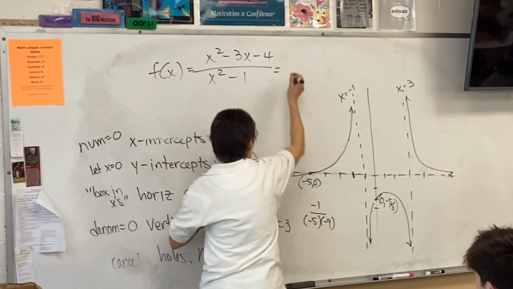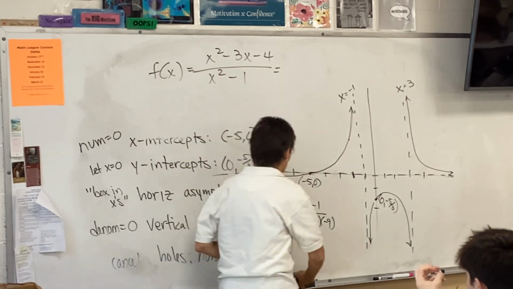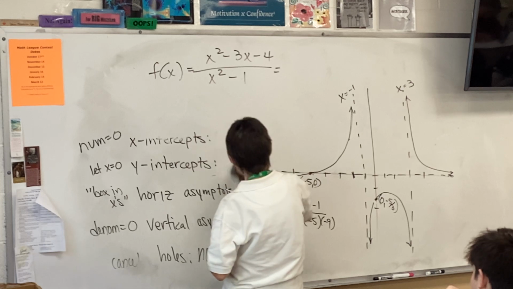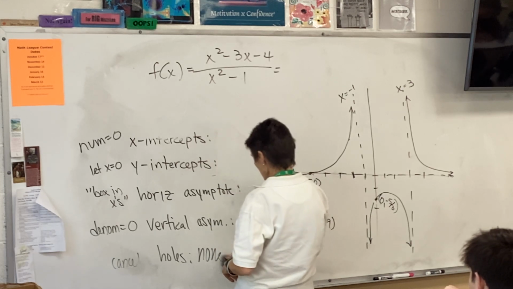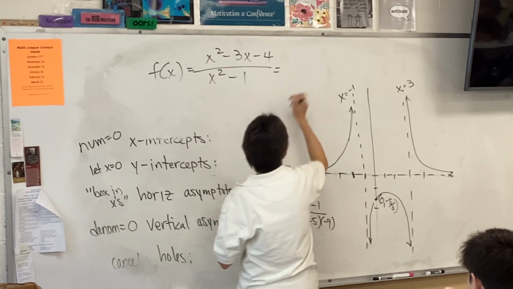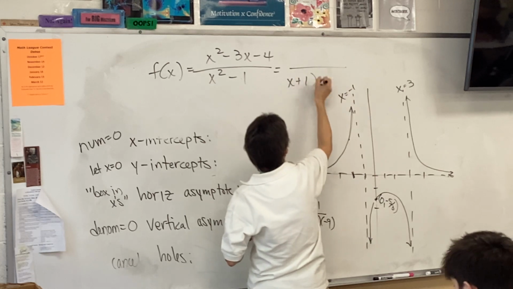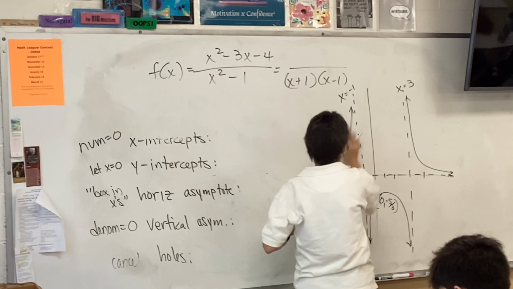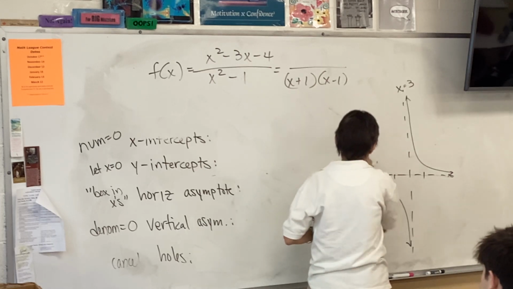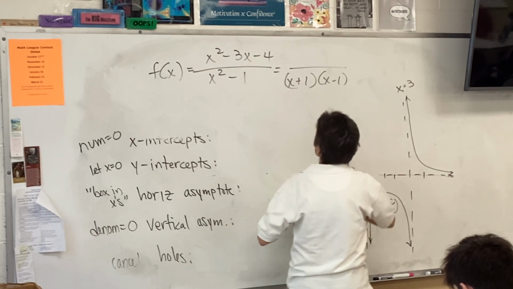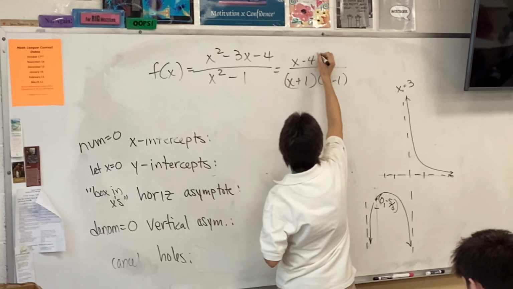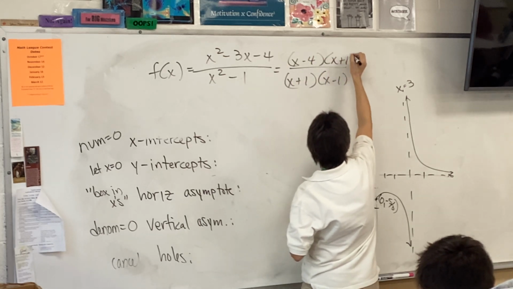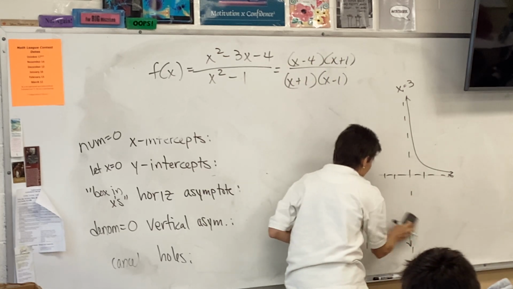All right, so what am I going to do first? I'm going to factor, and the bottom factors easily into the difference of squares. And how does the top factor? -4 plus 1, let's double check that, make sure it's right.